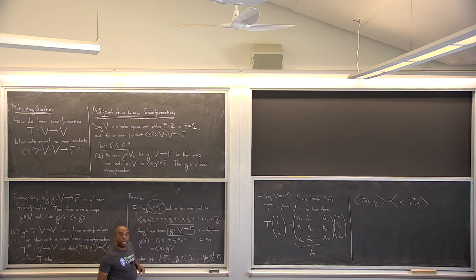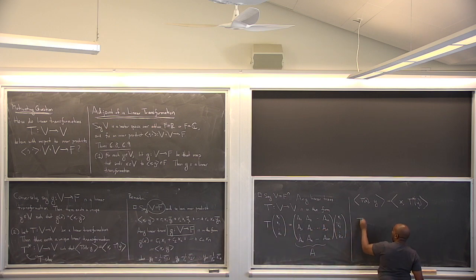You see that you'll have something in terms of x. And in this case, your T star will almost look the same as what's here.